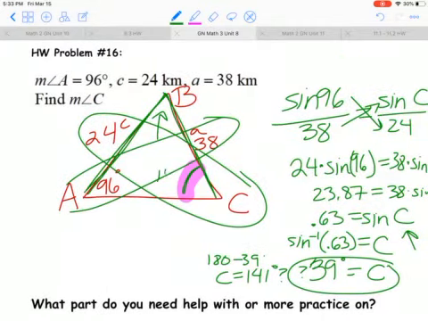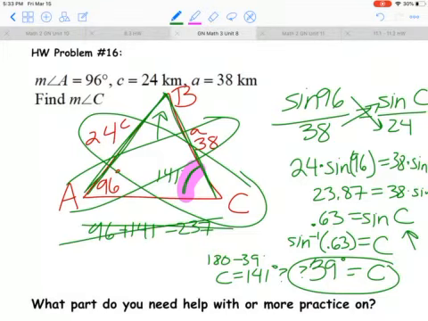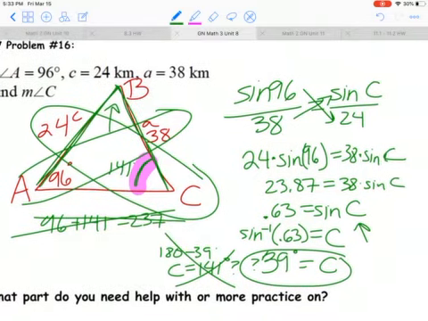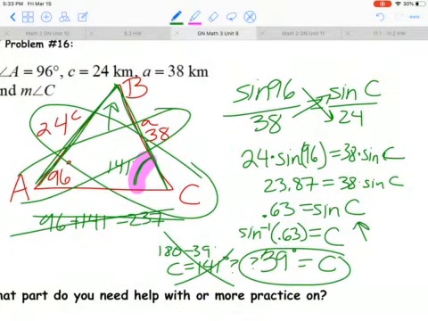If I put a 141 here and add those up, 96 plus 141, I'm going to get 237, which is too big, so it doesn't work. Has to be less than 180. If I do 39 plus 96, I get 135, which checks out, so this right here is an answer, and it's my only one.